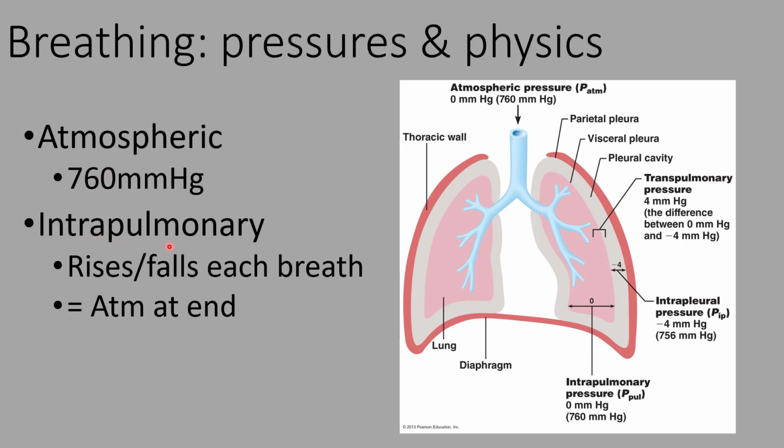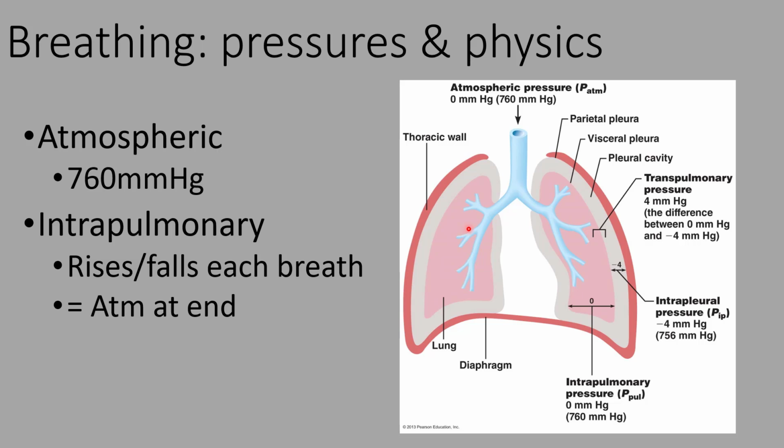Next is intrapulmonary pressure. Intra means inside of, and pulmonary is referring to your lungs. So the intrapulmonary pressure is the air pressure inside your lungs. Your lungs, like we saw in the previous lecture, are mostly hollow because of all of those alveoli.